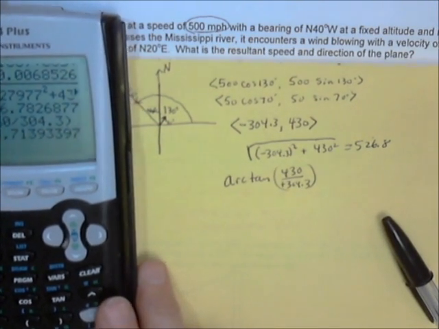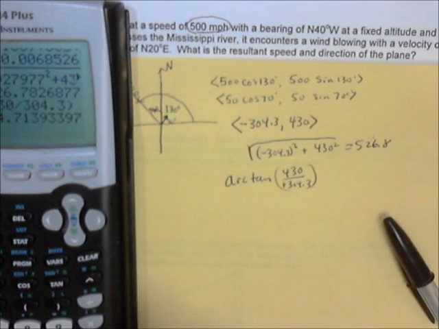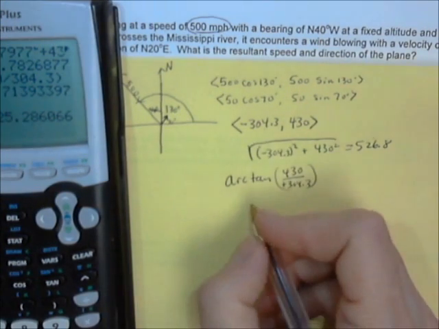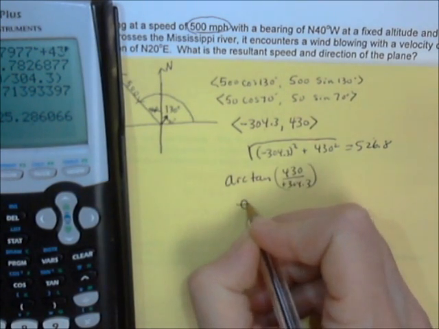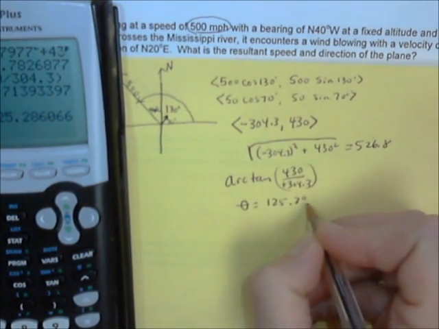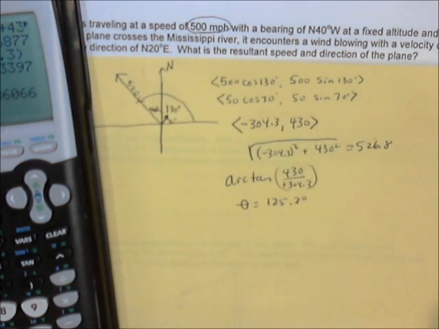We'll call that 55 degrees. And 180 minus the reference angle will give us the angle in standard position. So the direction of the plane, theta, is equal to 125.3 degrees or 125 degrees. So that would be in this direction.